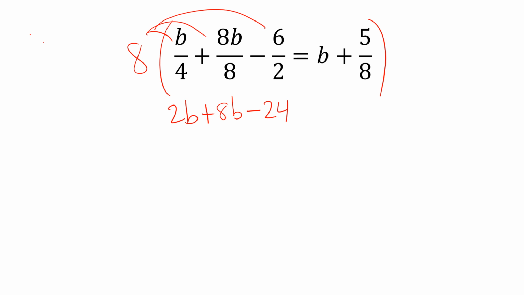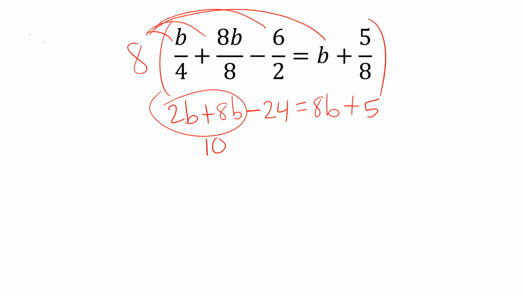Now, I got to do it by everything. That's going to be 8b. And then the 8s are going to cancel, and you're left with plus 5. Okay, combine your like terms. That's going to be 10b minus 24 equals 8b plus 5.